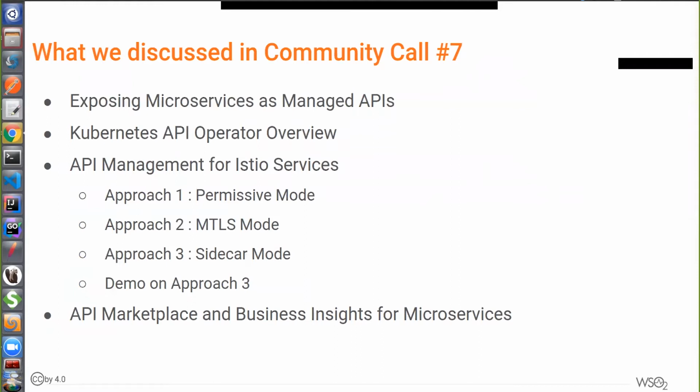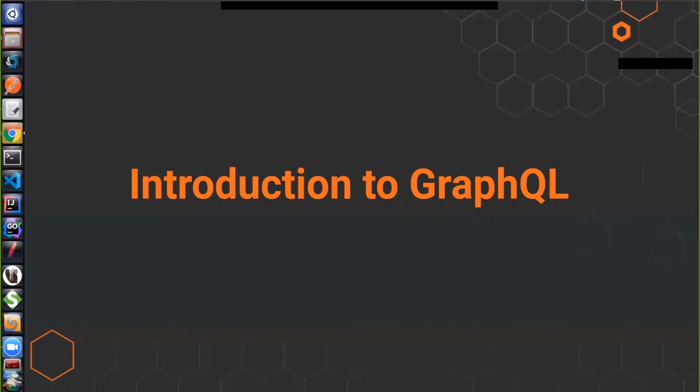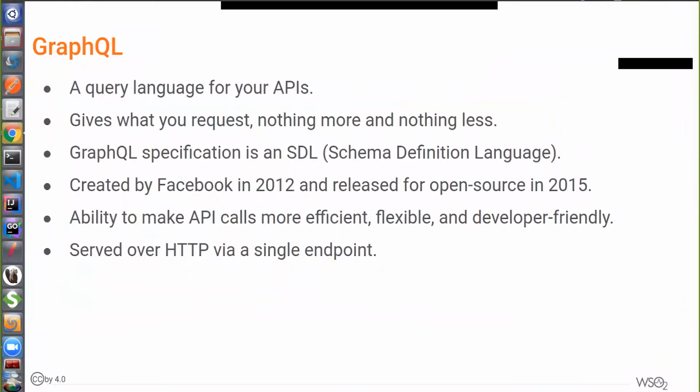An introduction to GraphQL. GraphQL is a leveraging API technology which declares a query language for your APIs. The advantage here is that the results returned from GraphQL queries can always be predictable.